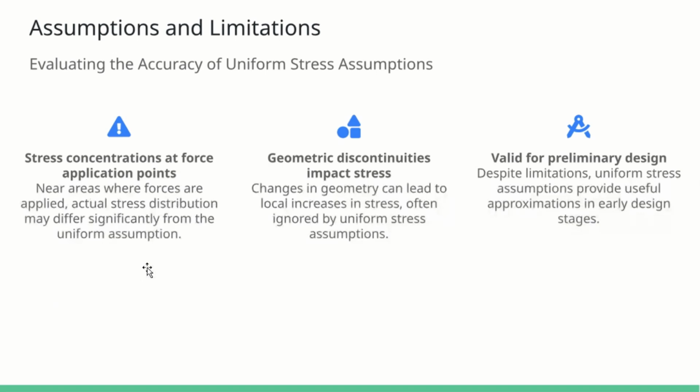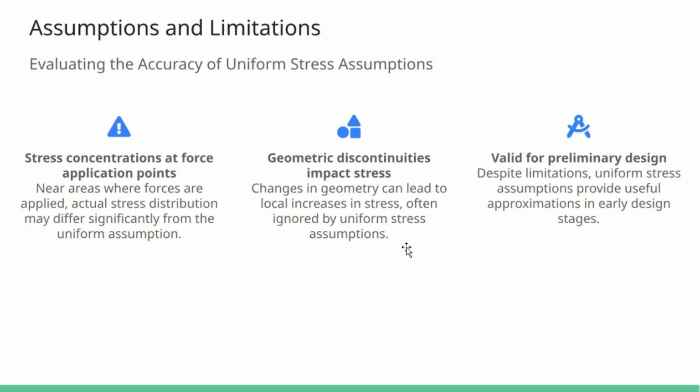Evaluating the accuracy of the uniform stress assumption: stress concentration, assumptions and limitations. Stress concentration occurs at force application points, areas near where forces are applied. Actual stress distribution may differ significantly from the uniform assumption. Geometric discontinuities impact stress. A change in the geometry can lead to a local increase in stress, often ignored by the uniform stress assumption.